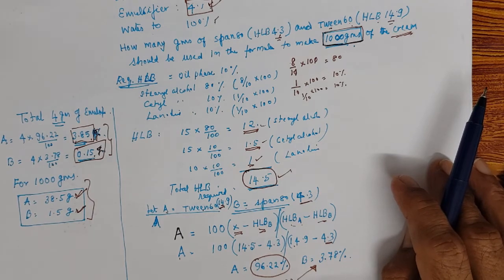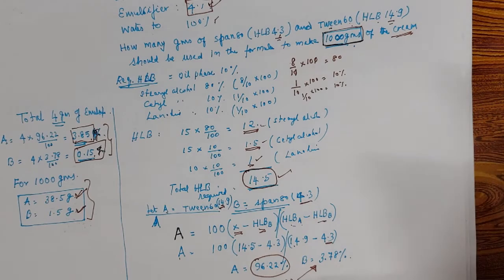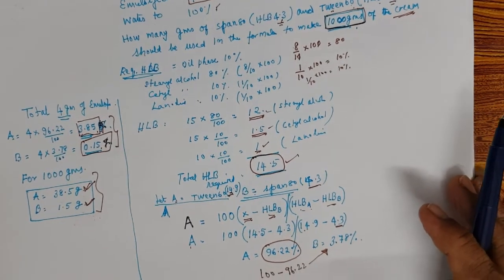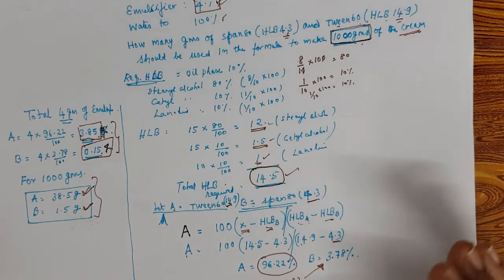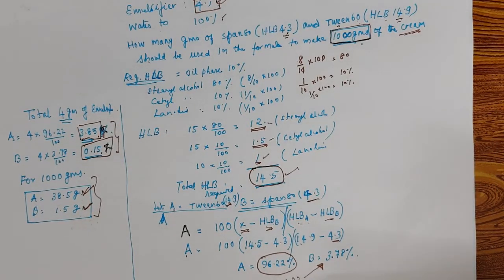So with that, calculate the HLB required for your emulsion based on the oil phase ingredients, and use emulsifiers appropriately to match and get that HLB, and then formulate. This is very indicative. If you calculate the HLB value and do it, you can get an emulsion which is almost 80% right.